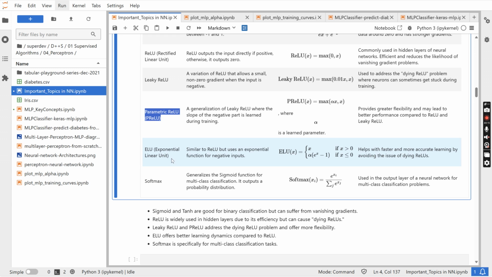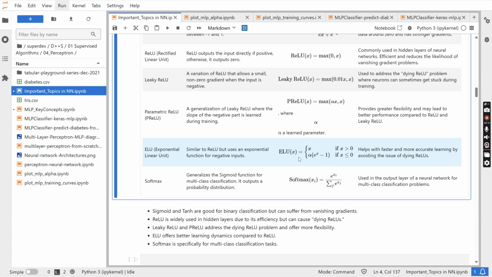Next, there is another one called ELU, exponential linear unit. It uses an exponential function for the negative part. Basically it returns x if x is positive; x greater than 0 means positive only, so all numbers above 0 give x only. The variation is in how it handles the other values.